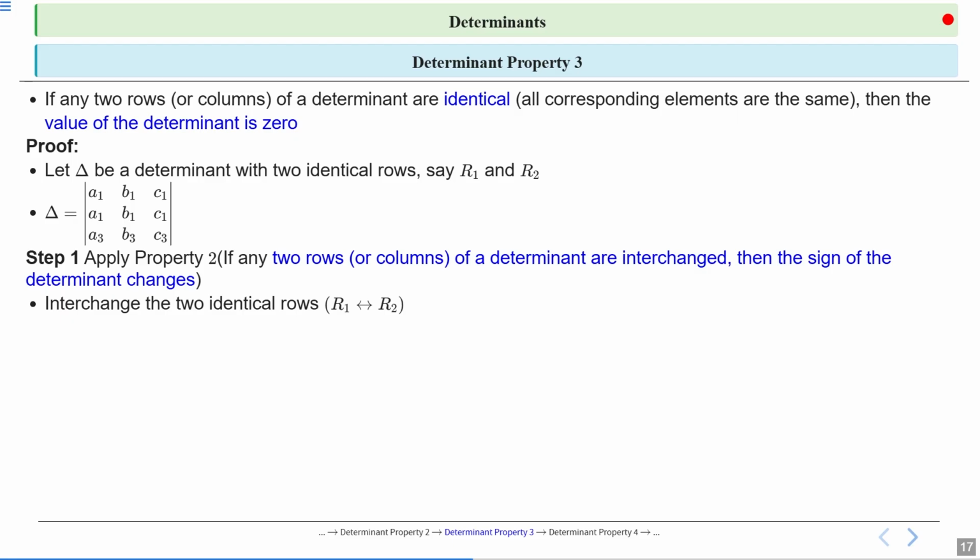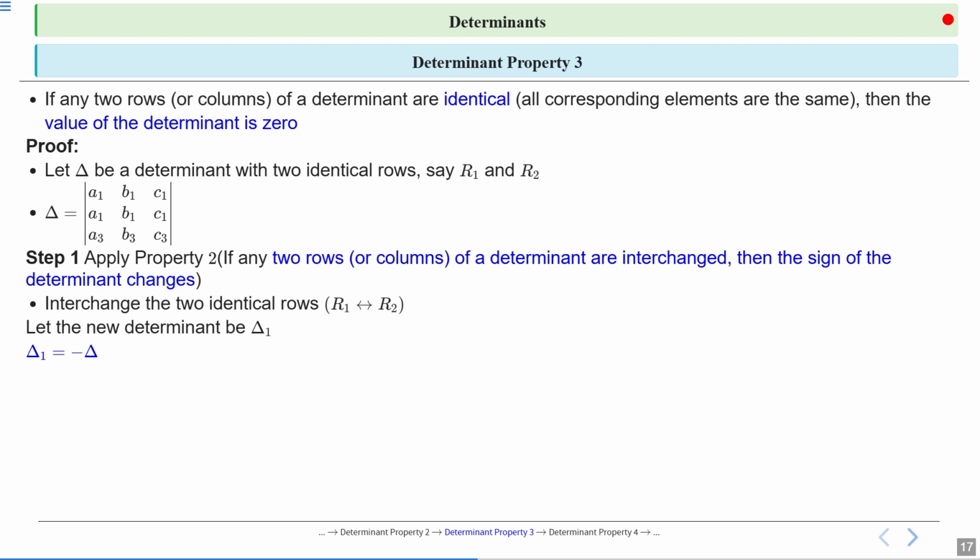In this determinant, we just interchanged the first and second row. So the sign of the determinant changes. And when we interchange these 2 identical rows R1 and R2, let the new determinant be delta 1. But the determinant delta 1, that is the new determinant, is the same as delta because R1 and R2 are identical.